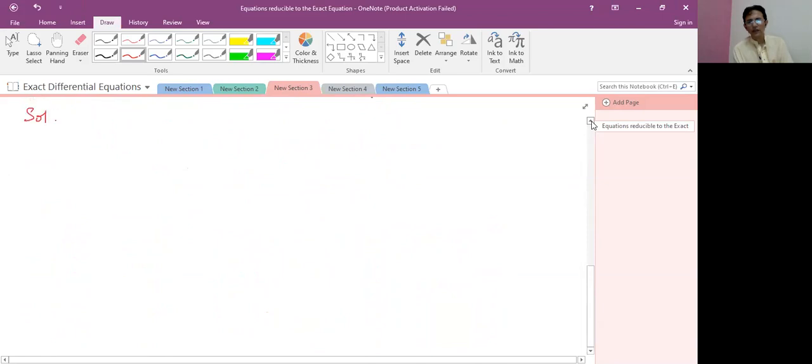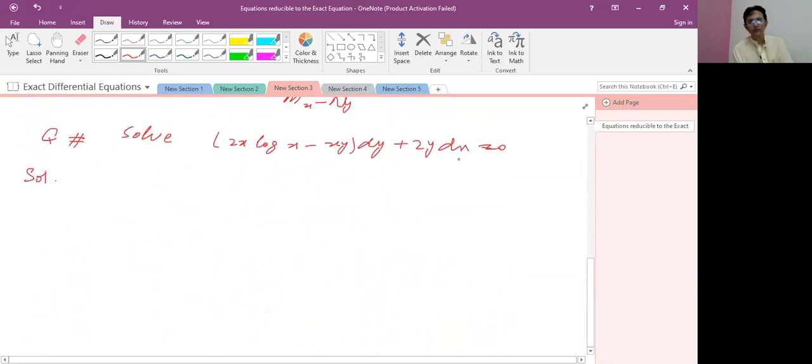So first we identify rule number 1. The rule number 1 says that, student, what is M? M dx, N dy.